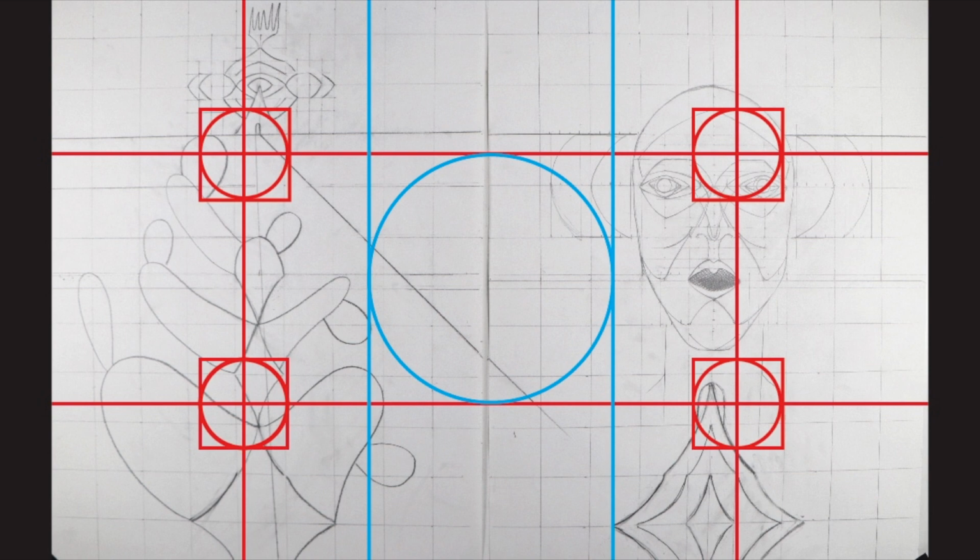I hope that you have enjoyed this demonstration and have learned a new way on how to compose a drawing that has a format of a landscape or a ratio of a wide format.